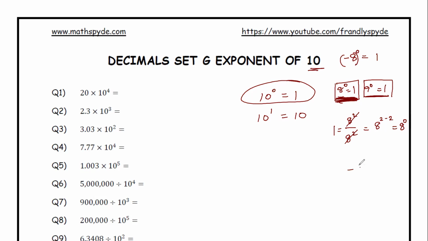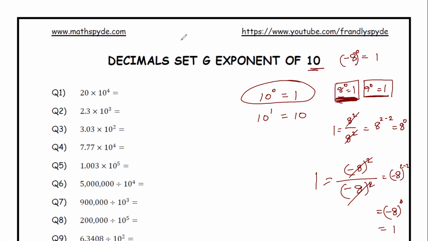Whether it is negative 8 in brackets to the power 2 upon negative 8 to the power 2, it's basically negative 8 to the power 2 minus 2, which is negative 8 to the power 0, equal to 1, because it cancels to give you 1. So that's the logic behind any number to the power 0 being equal to 1.